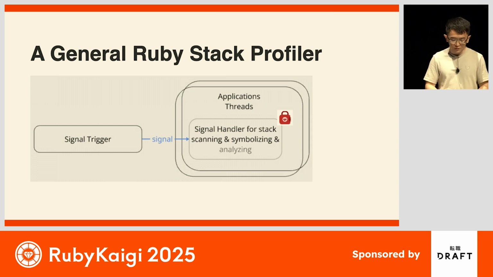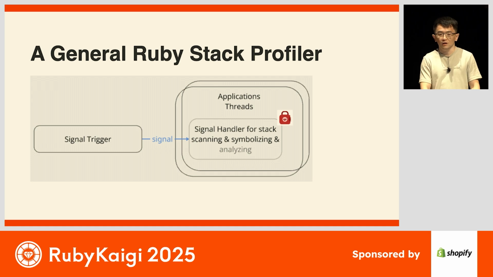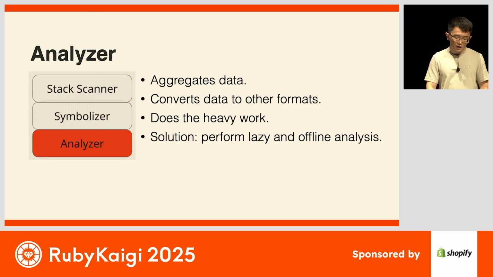For the signal trigger, you see it actually does just a simple job. It just sends some signals, and we can release the GVL in the signal trigger. So its job is quite simple, and there's not much to say about it. So let us check each element of the handler. One component of the handler is the analyzer, which aggregates the data we collected.